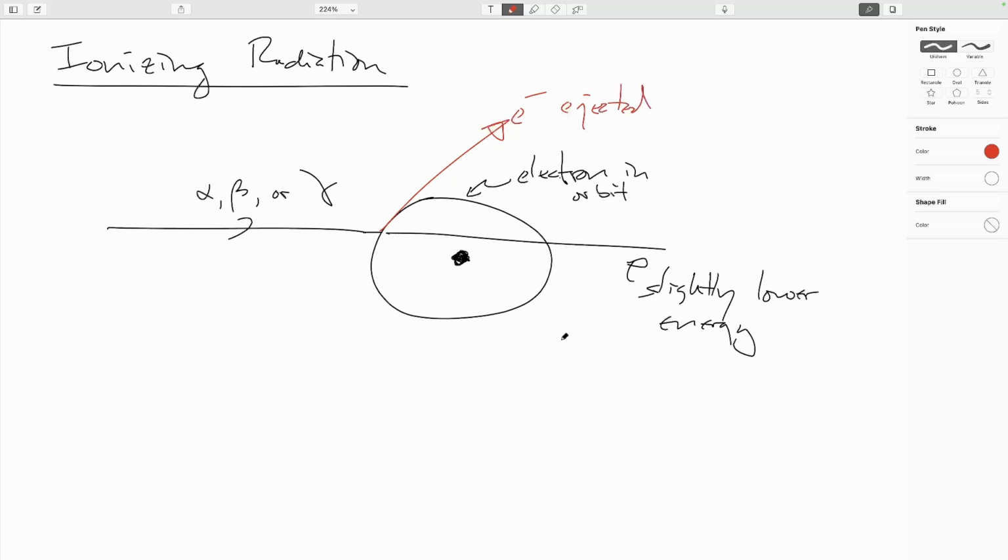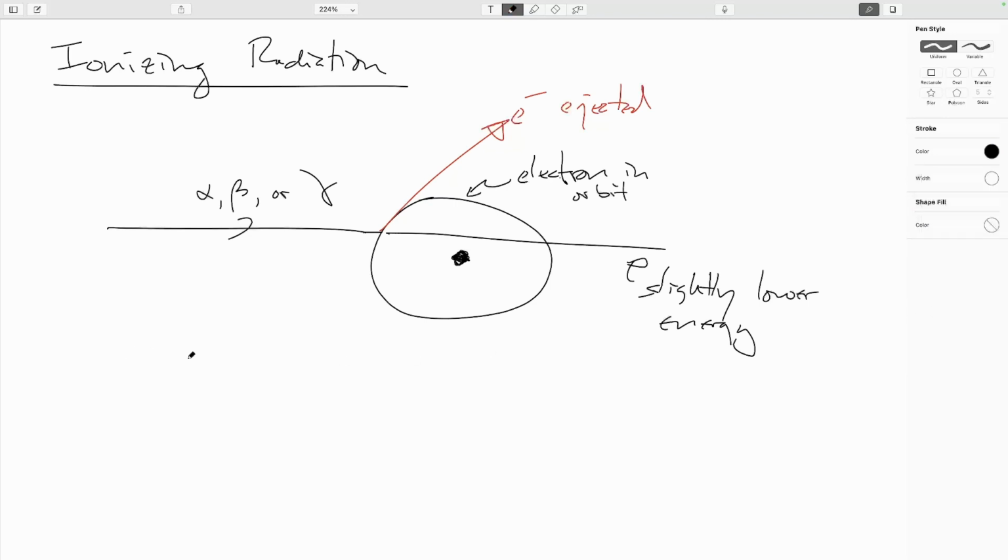Importantly, this will also start to break chemical bonds. So if this is a DNA molecule, you've now damaged the DNA molecule, and you could potentially cause mutations, and those mutations in turn could cause things like cancer. Now, a general rule of thumb is the heavier the particle, the more damage it does.